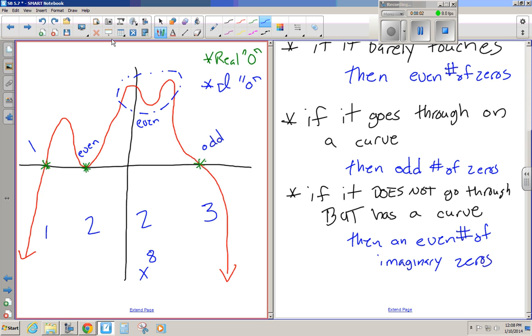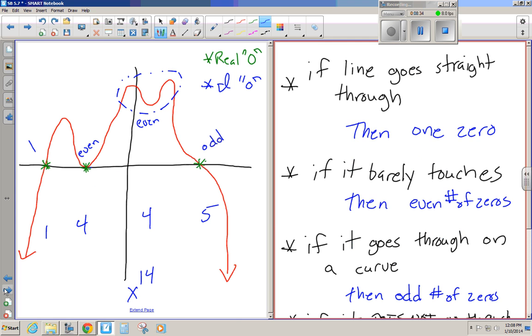Or it could be 1, 4, 4, 5, which means this could also be a 14th degree equation. There could be 14 zeros. So please keep this in mind, and we may be flipping back to this a little later.